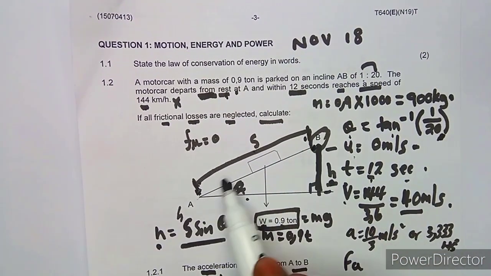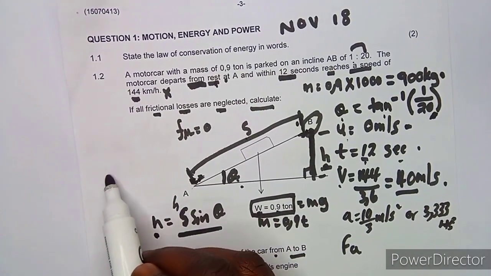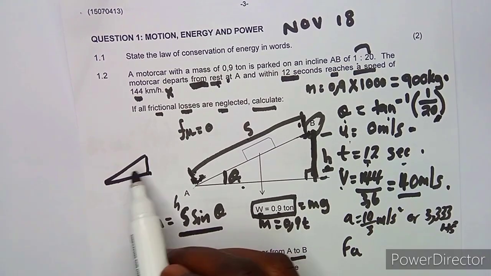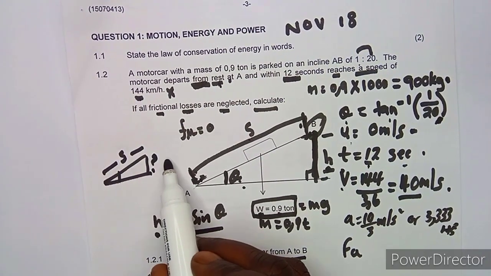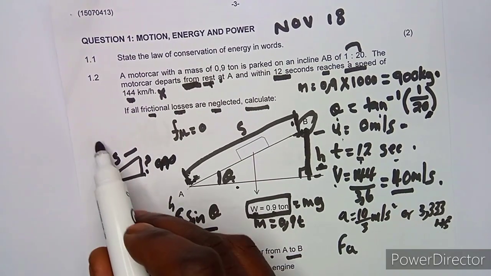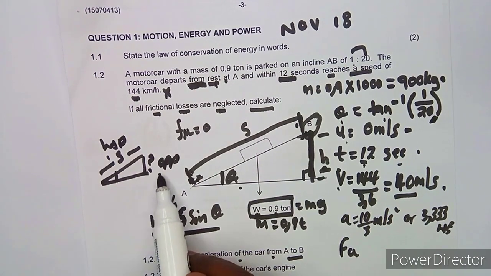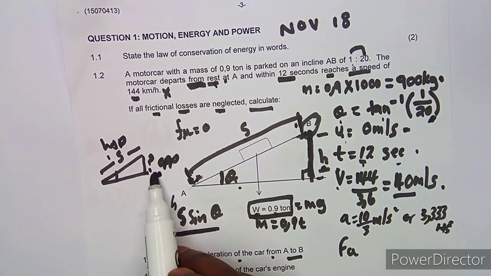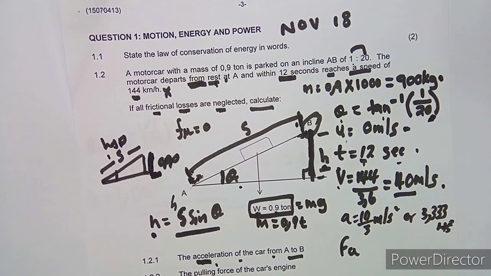The displacement from A to B, just like what you use when you are using the sine rule, guys. This is s here, and you want to calculate this side, so you've got the opposite and the hypotenuse, which is the ratio for sine. You want to calculate this side here. This is your height. Are we together, guys?